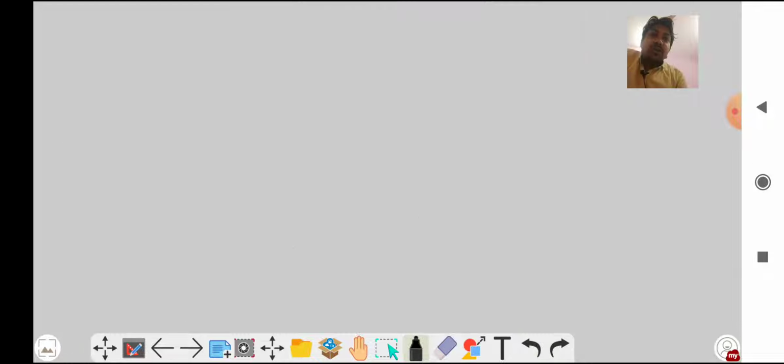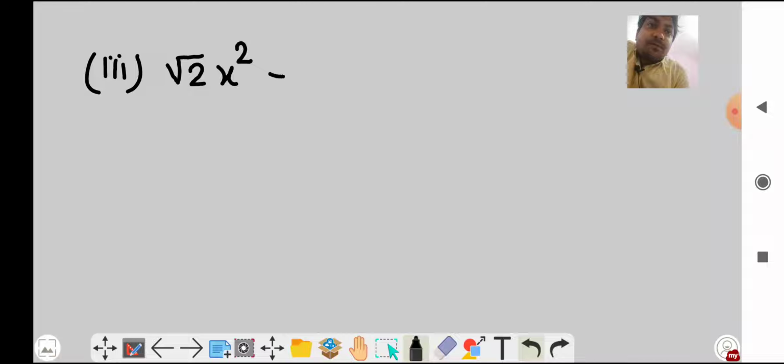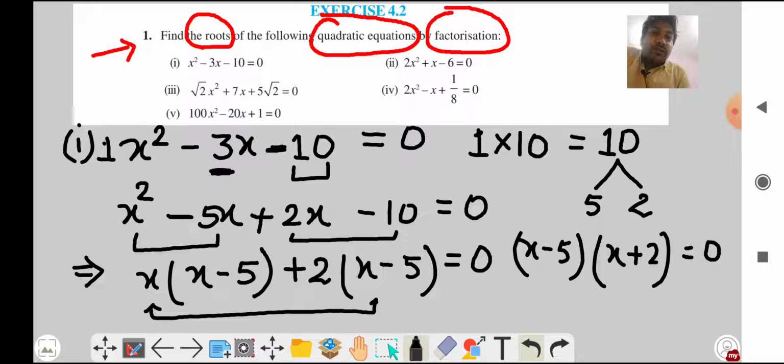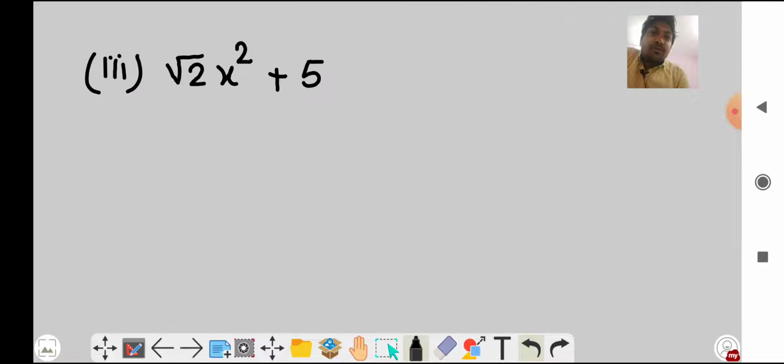Root 2 x square plus 7x plus 5 root 2 equals to 0.